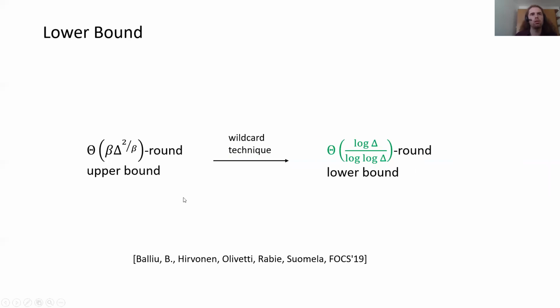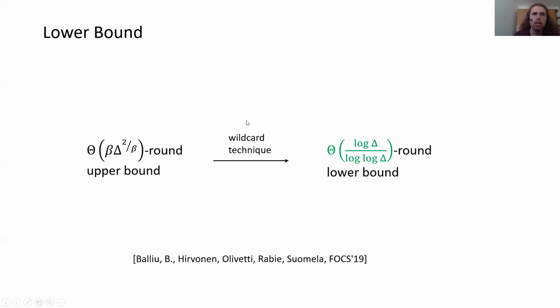Now, to get from this upper bound sequence to a lower bound sequence that will give our desired lower bound, we will use a technique that has already been applied in the maximal matching lower bound paper, which is called the wildcard technique.